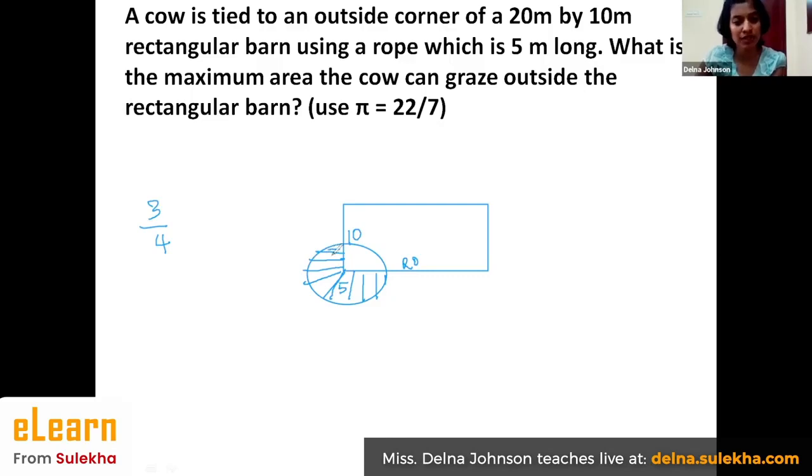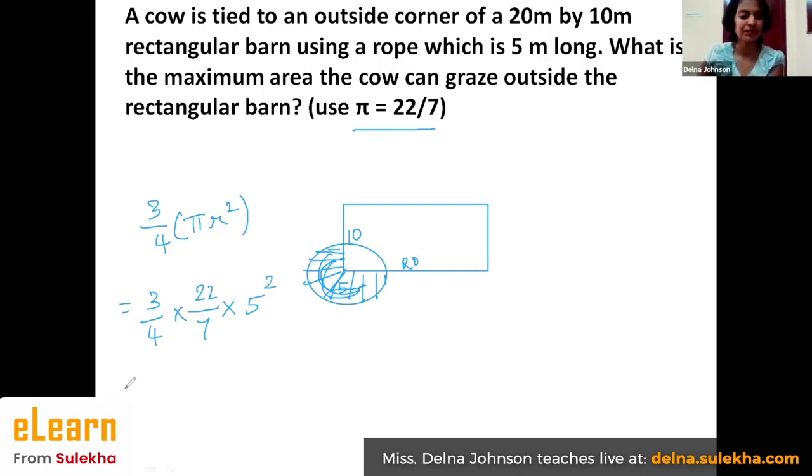So the area is 3 by 4 into pi r square, and again they have mentioned to use pi as 22 by 7. So it's 22 by 7 into r, which is 5, so 5 square. This is approximately equal to 58.93 meters square. So when you solve this, you get this answer.